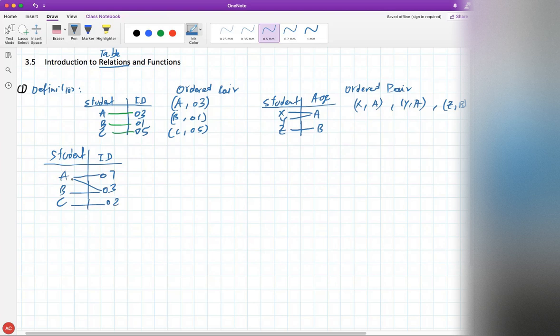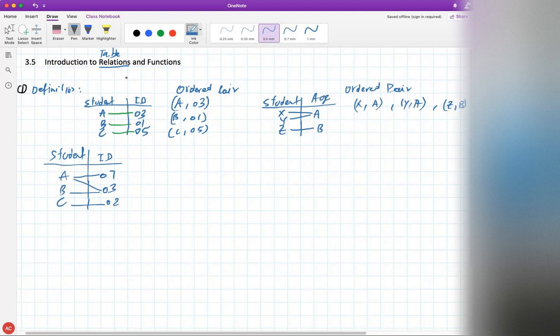One student here cannot be linked to two IDs, for example, a student ID or a social security number. Each student or each person has to have exactly one. Because of this reason, this table cannot be a function, because it's not one-to-one.